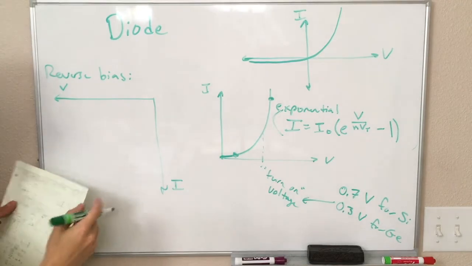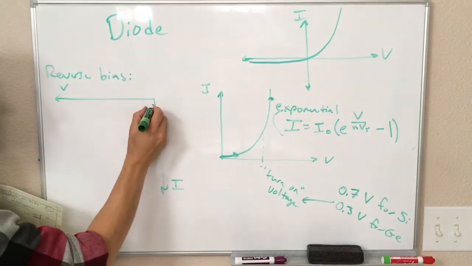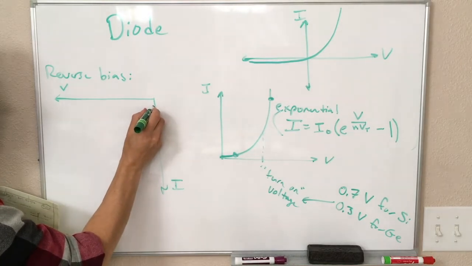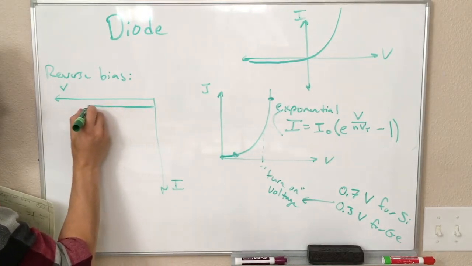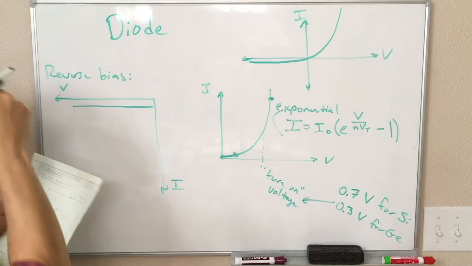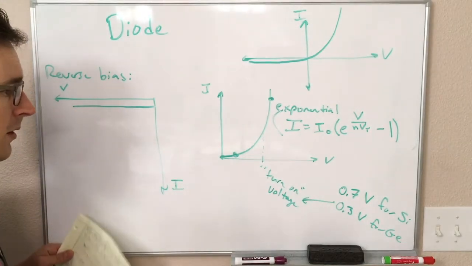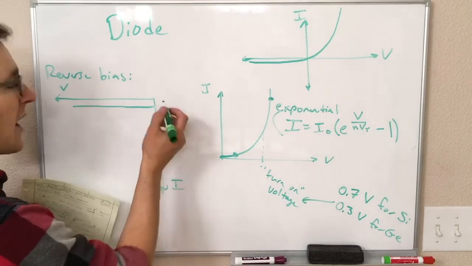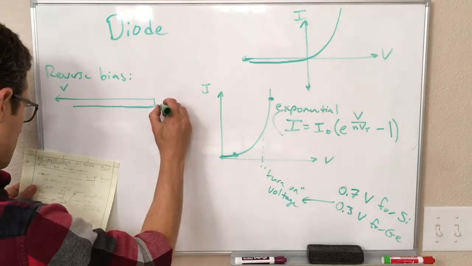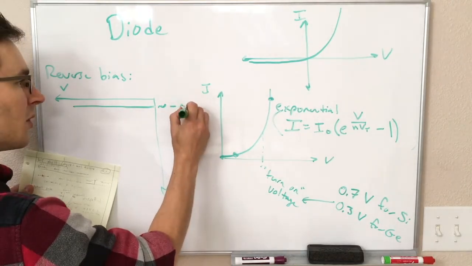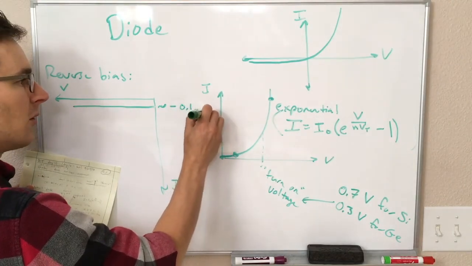Here, our current is not quite 0. It's really close to 0, but it's really small. Typical values for this might be like 1/10 of a microamp, so 100 nanoamps, and you can certainly buy diodes that have different values of leakage current, but maybe we'll say this is approximately minus 0.1 microamps.